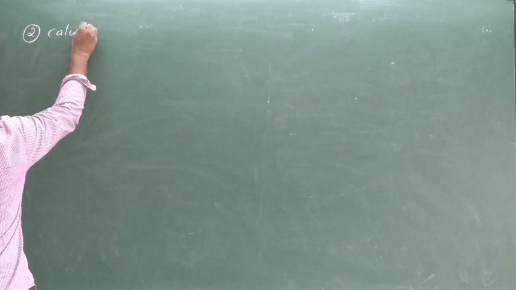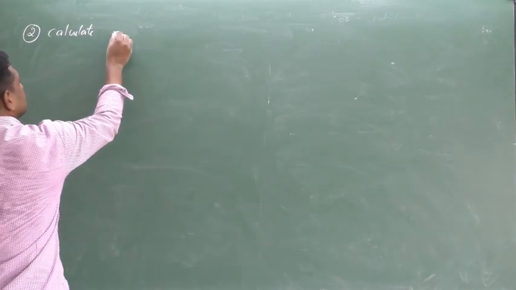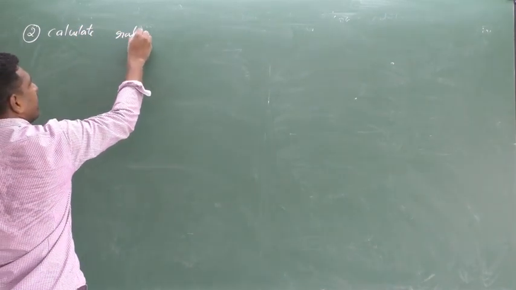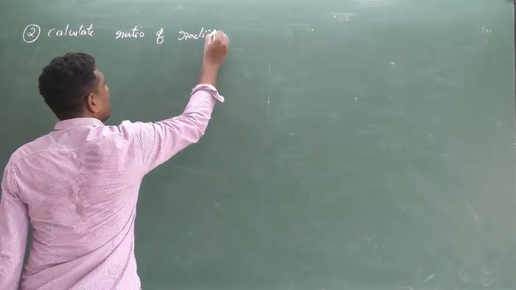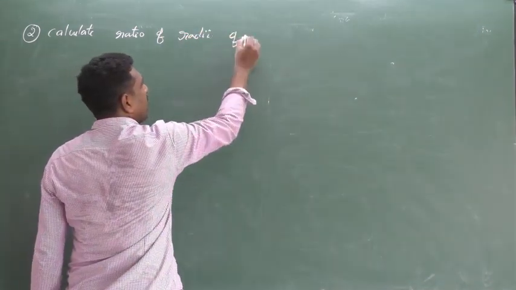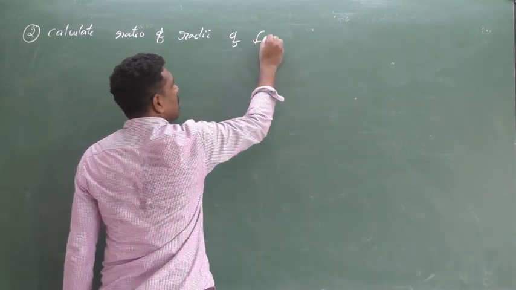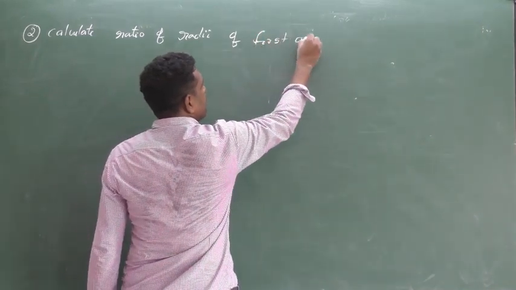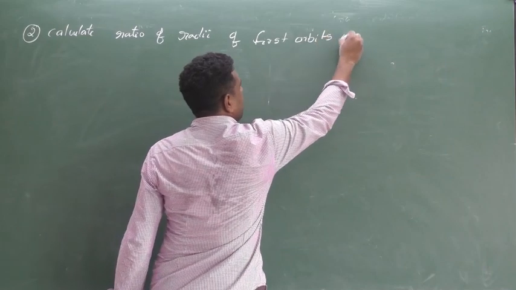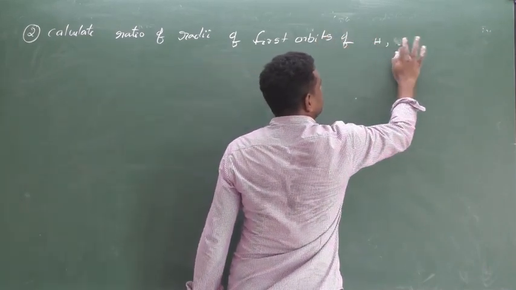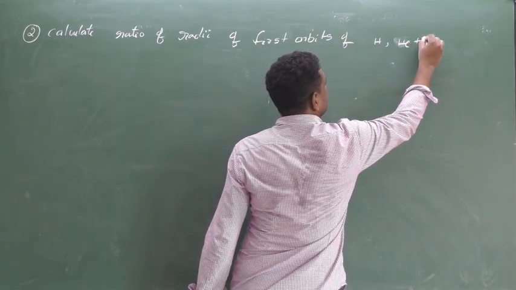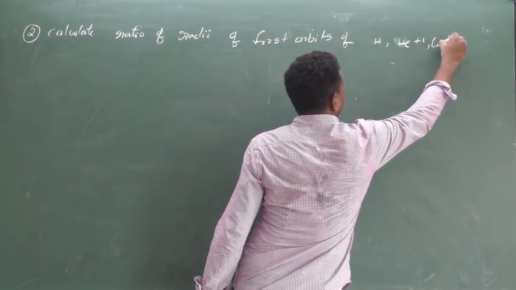Calculate the ratio of radii of first orbits of hydrogen, helium, lithium.